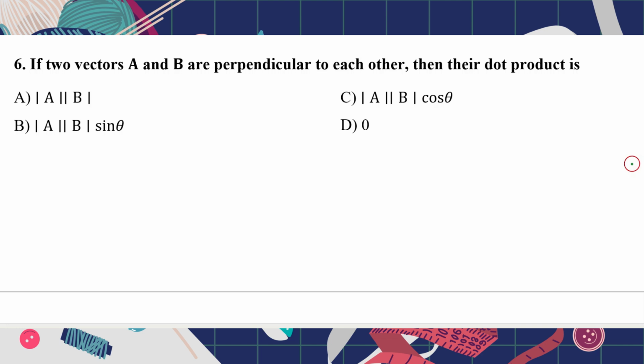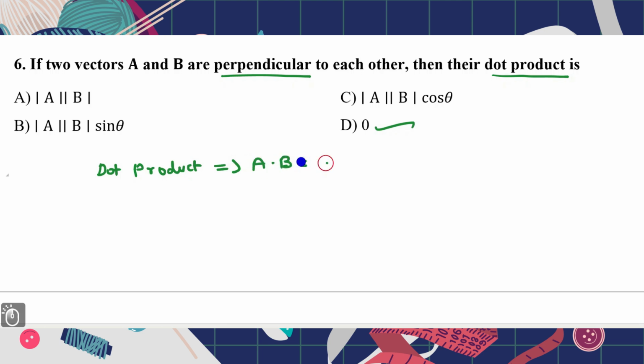So if two vectors A and B are perpendicular, what do you say? Perpendicular, that should be the dot product. What is the correct answer? The correct answer will be 0, option D. I already said the dot product A dot B is equal to A B cos theta.